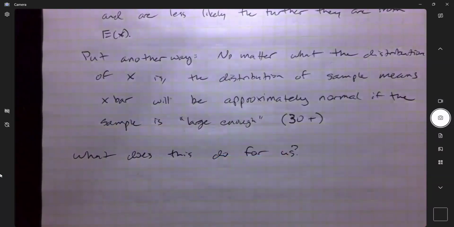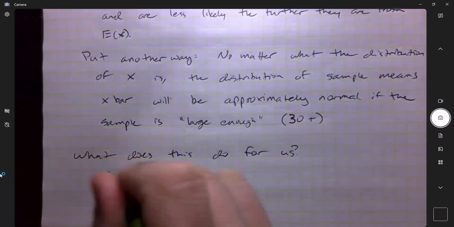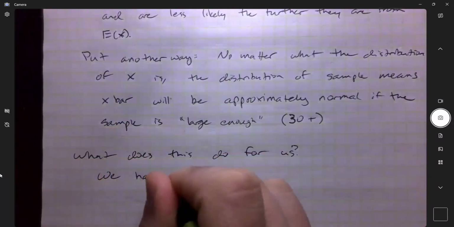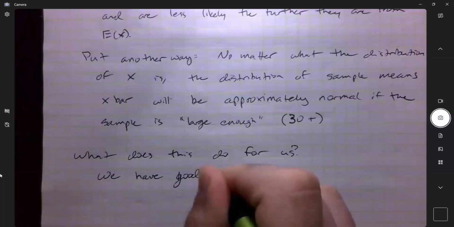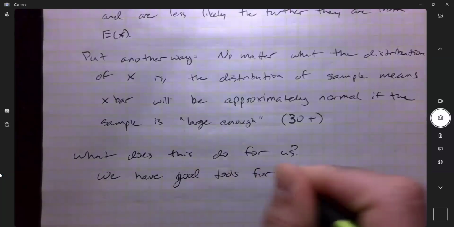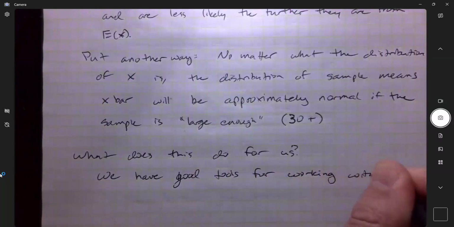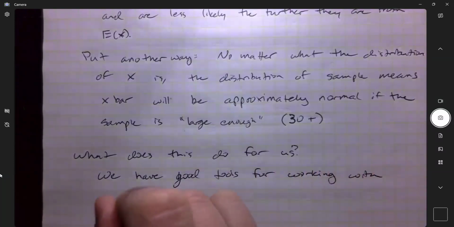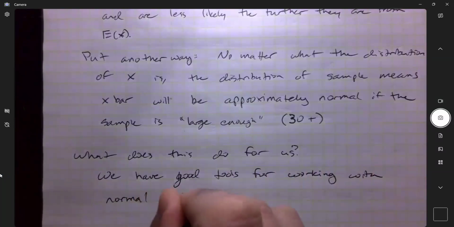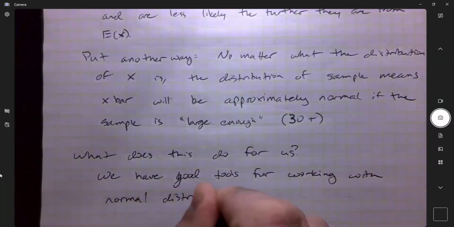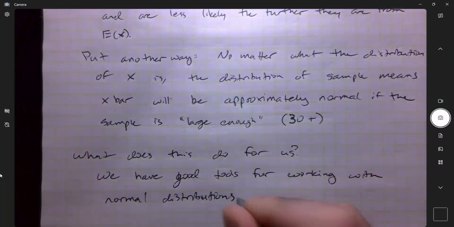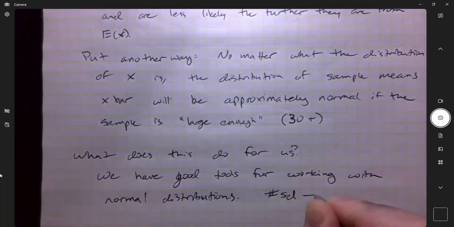Well, the main thing it does is we have really good tools for working with normal distributions. In particular, the tool that we like is the number of standard deviations maps really well to probabilities.